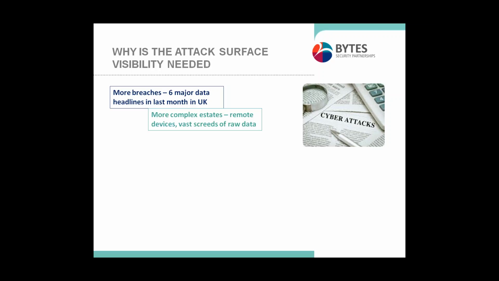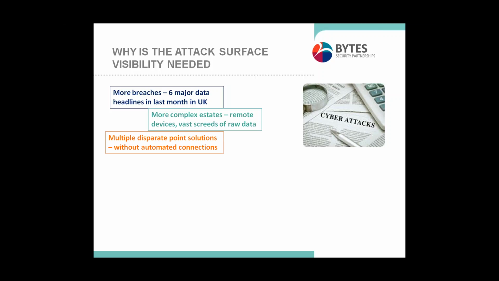At the same time, there's more complex security estates. People are accessing data differently, working from home, working from different places, and security operations teams are faced with vast screeds of raw data and information that they have to analyse to make decisions. So we see a real need to reduce that complexity.